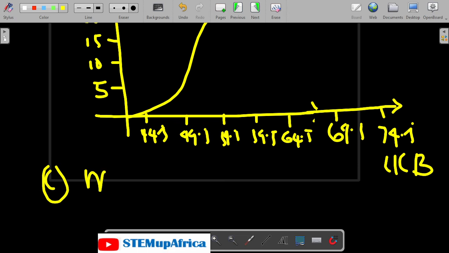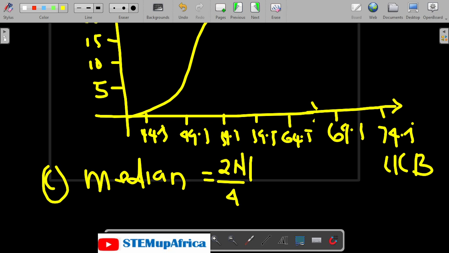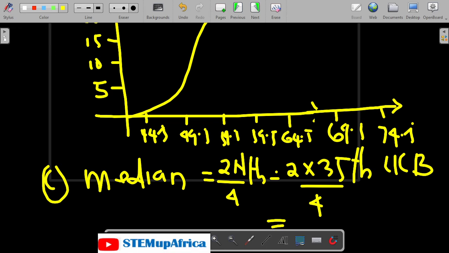The median, or the 50th percentile, or the second quartile, is 2n over 4, which is 2 times 35 over 4, which is 70 over 4. 70 divided by 4 will give us 17.5.